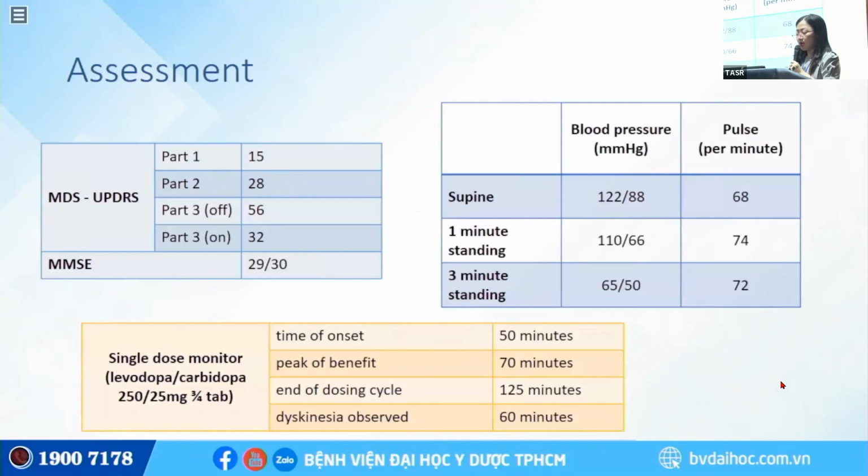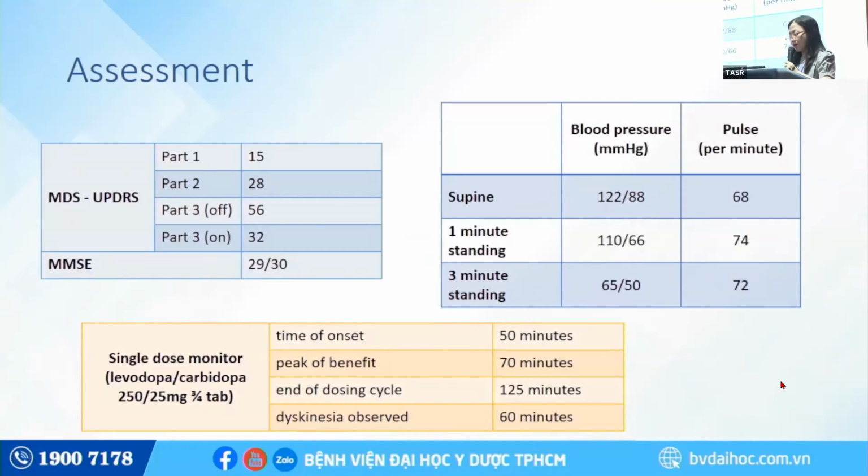And to assess the patient, the MDS-UPDRS resulted in Part 1 of 15, Part 2 of 28, Part 3 during off stage of 56, and Part 3 on stage of 32. The normal cognition with MMSE of 29.